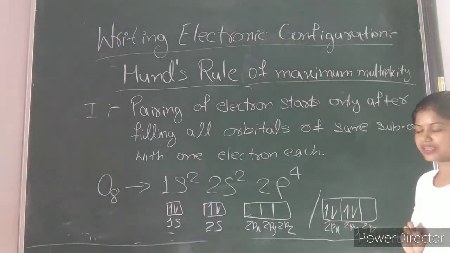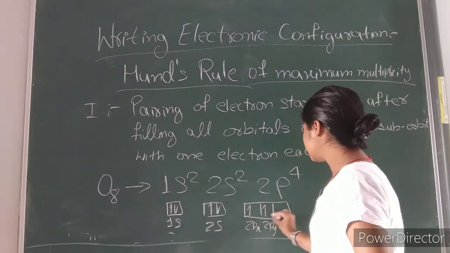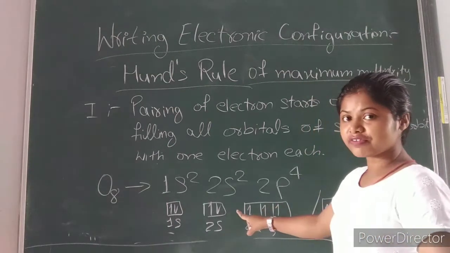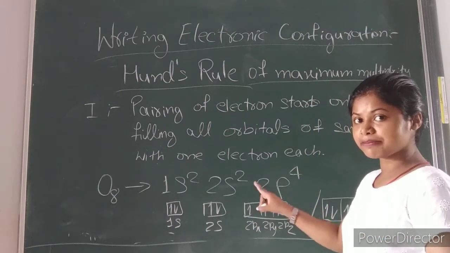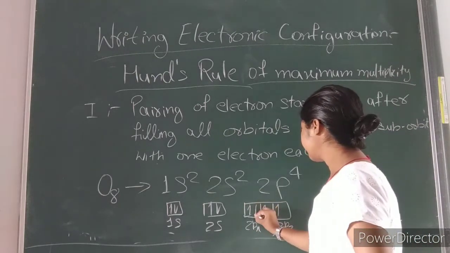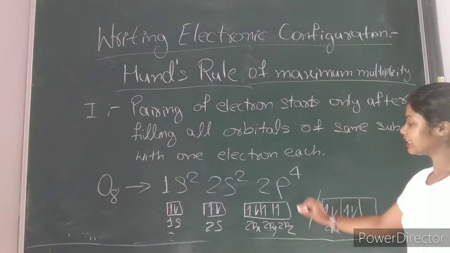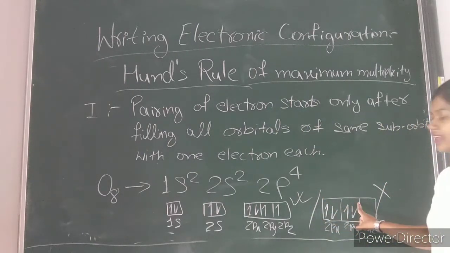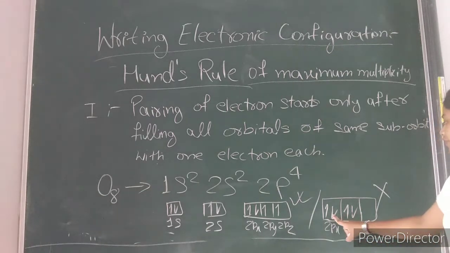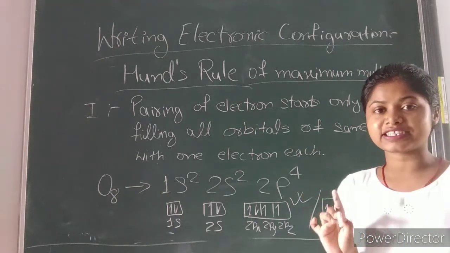Another way to write is 1, 2, 3, where we first fill all these orbitals with single electrons, then we start pairing, and it is 4. Hund's rule says that this is correct and this is wrong, since we have to fill each orbital with 1 electron, and then the pairing will start.